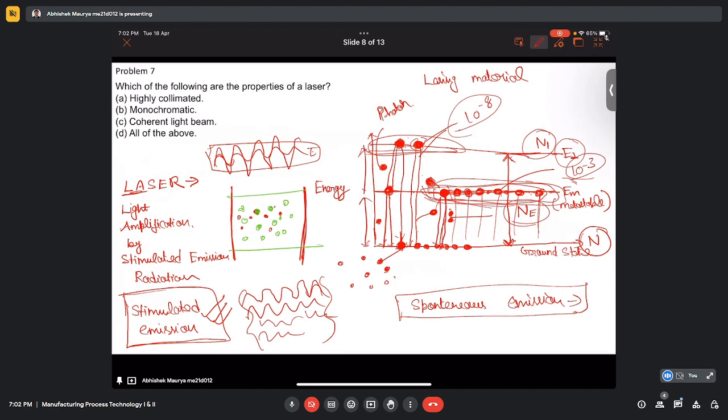The photons are coming out and they are all in the same phase. And here we have reflectors. This one is a partial reflector, and this is a complete reflector.